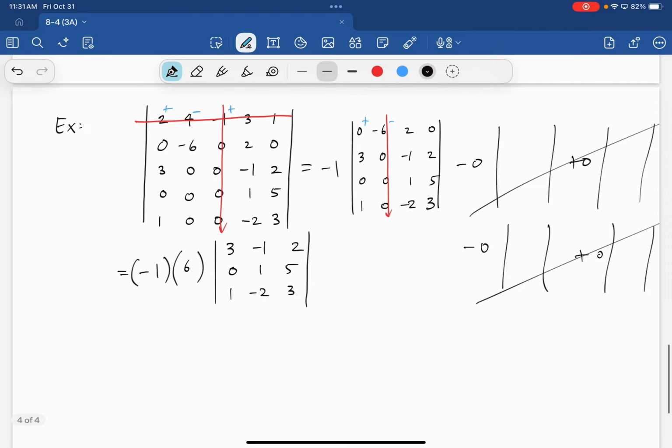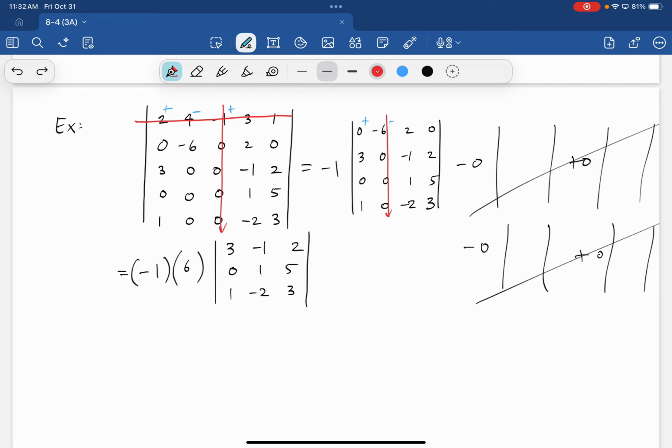Got it? Any questions? The 6 comes from expanding via the second column here. The -6 comes from here, but it has to change sign because it's in the minus position.